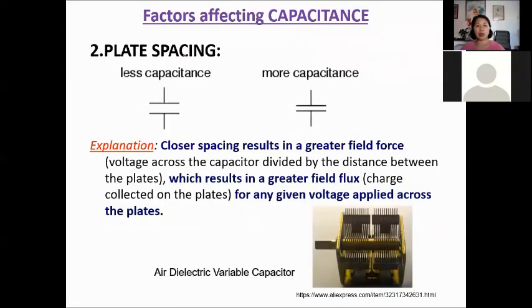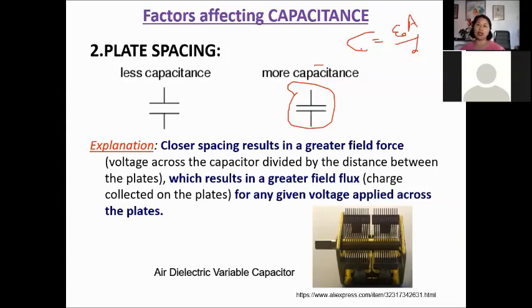Next is the plate spacing. So less capacitance and more capacitance. In the figure, the closer the spacing, the higher the capacitance value. Okay, going back to the formula, C is equal to epsilon naught times area over distance.